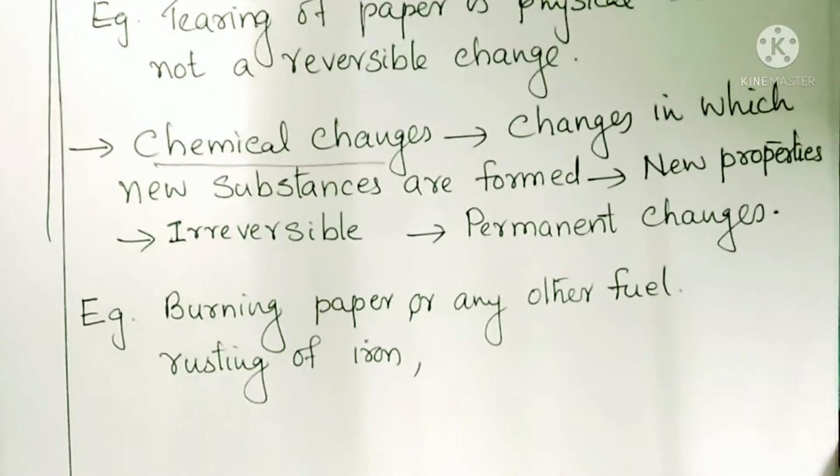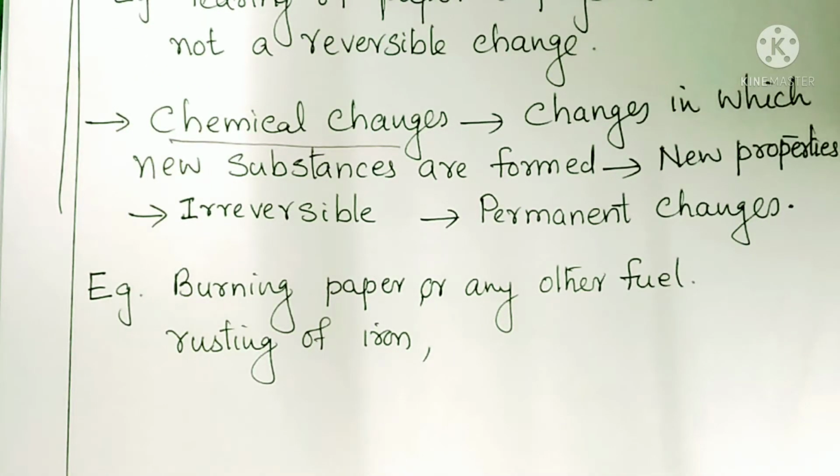For example, I told you about burning of fuel. Similarly, if you burn anything, petrol, oil or any type of fuel, that is a chemical change. Now, sometimes when it is raining or when there is lots of moisture in the air, things made of iron get a brownish, powder-like substance stuck on them.